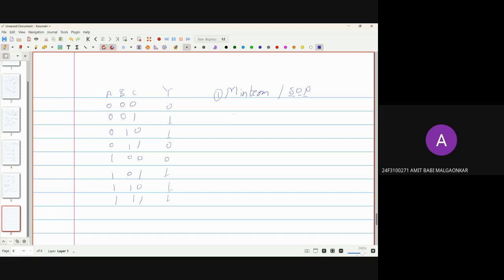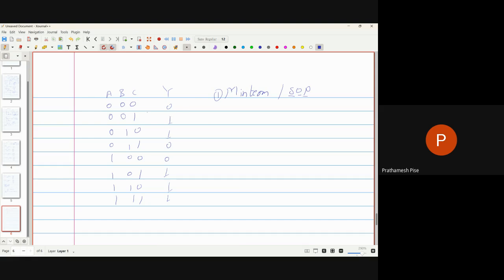So if any one is high, you will have a high equation for that. So let's go by how we will create an expression for one specific case that will ensure that this case will always produce a high output.